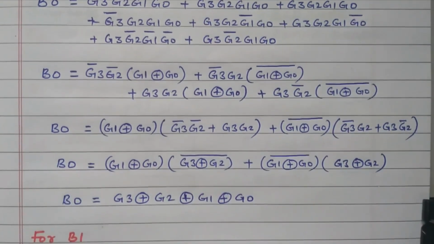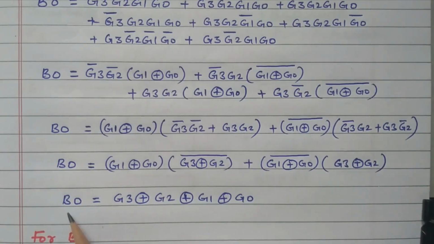You assume that this term is A, this term is A bar, this term is B, this is B bar. That is A B bar plus A bar B, which is nothing but again an exclusive OR gate. So that is G3 exclusive OR of G2, exclusive OR of G1, exclusive OR of G0.